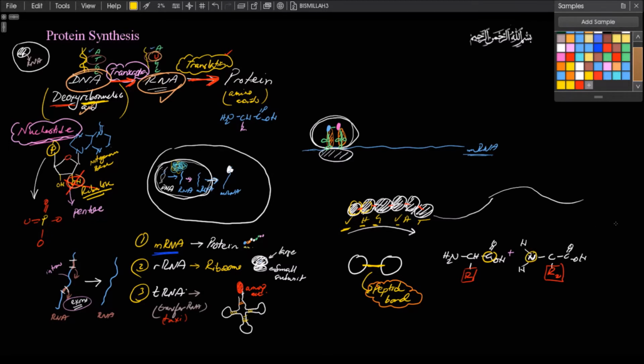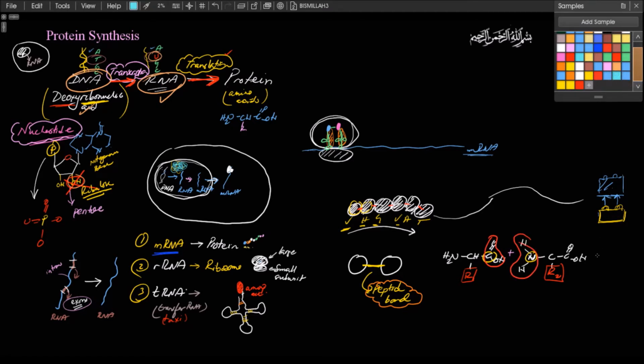It's kind of like Lego pieces. There's one side of a Lego piece like this, and there's this flat side of the Lego piece. You don't take the flat end and put it against the flat end. You put the flat end to the bumpy end of the other side. You take two different looking sides and attach them together. So you take the carboxylic acid group and attach it to the amino group like this.